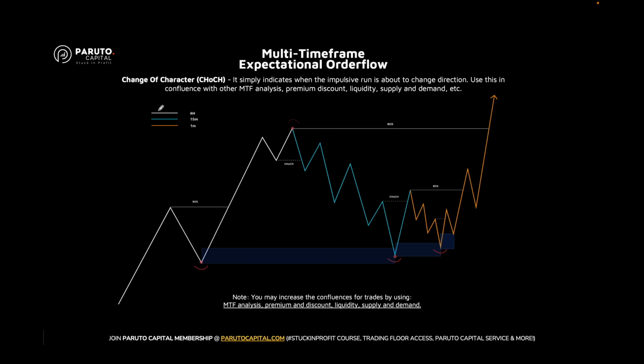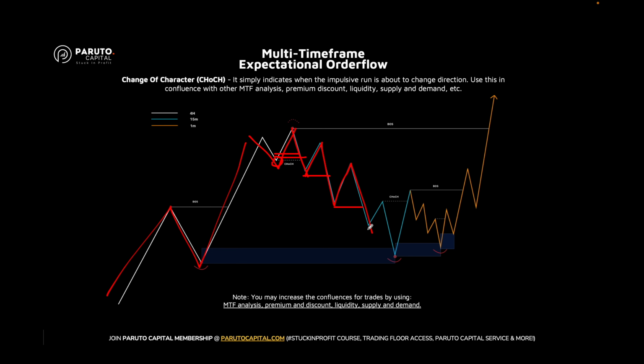Now you can see that the white lines denote the 4-hour chart. And then here, there's a change of character at this point, because the 15 minutes pulled back and took out this low here. That's a change of character, and then a little pullback on the 15 minutes, and then it continues, and then a break of structure, a little pullback, and it continues.